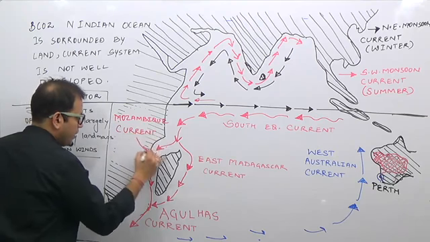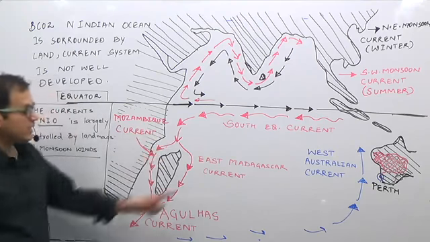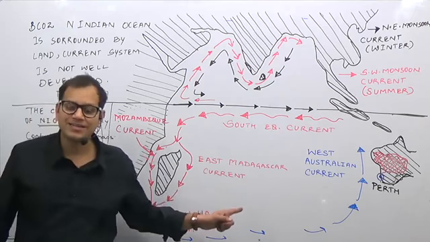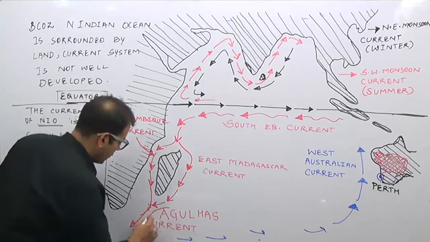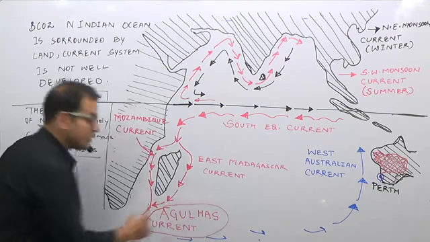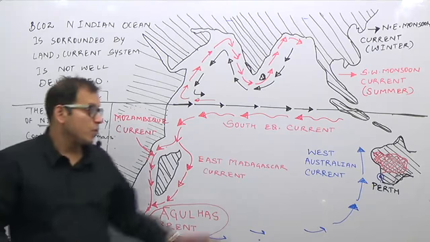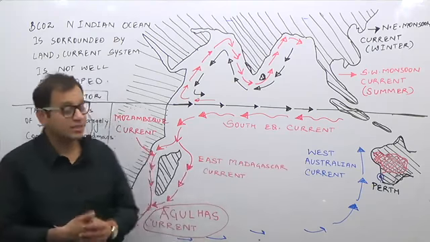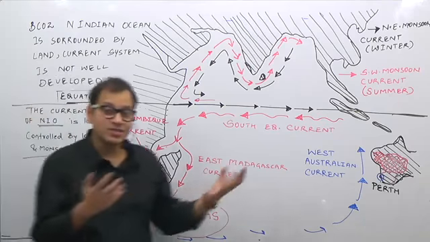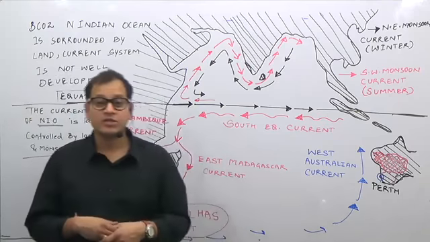One current which flows to the eastern side of Madagascar is the East Madagascar Current. Both join together to form the Agulhas Current, at the southern tip of eastern Africa, while the West Australian Current is a cold current which goes to the West Australian region. This West Australian Current is associated with the Great Australian Desert.